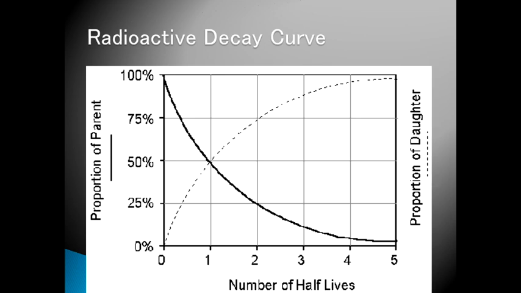This is the whole basis of radioactive decay. If we can measure the percentage of parent or the percentage of daughter, usually the percentage of parent, and we can use this chart, we shoot down, and if we know what the half-life is, we can calculate the age of the rock. And that's the next lecture note that I'm going to be talking about.